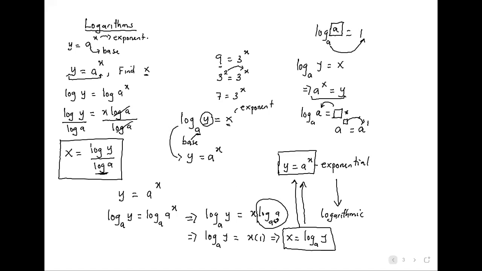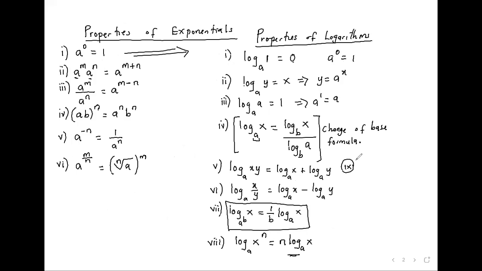Okay, maybe to mention that the log, if the base is 10 of x, you can also write it as log x just without the base. And the 10th one is that if the log is base e, you can just write it as ln of x without the base. So if you find ln, then you know that the base is e. If you find just log, then you know the base is 10.